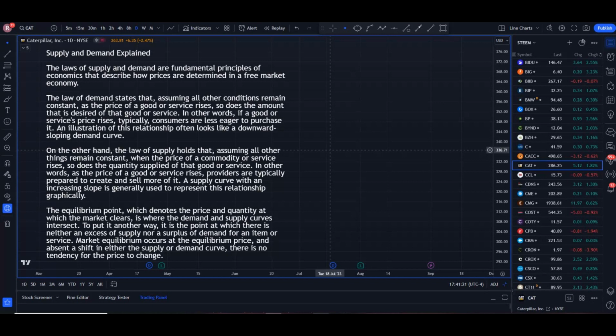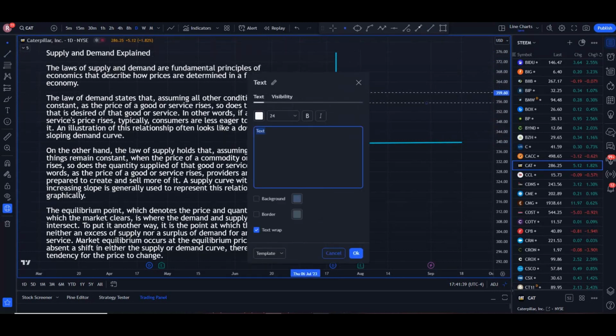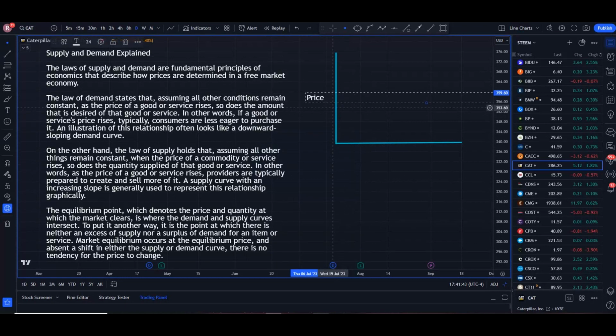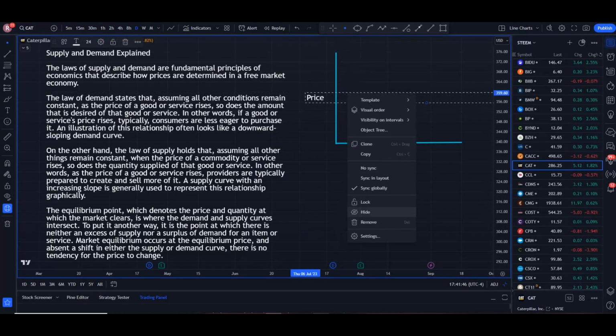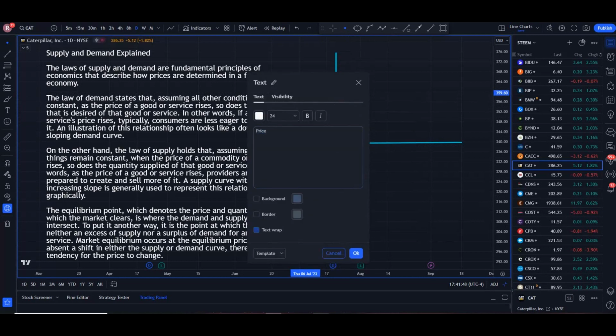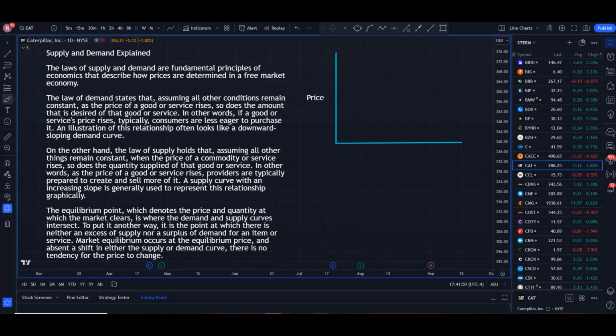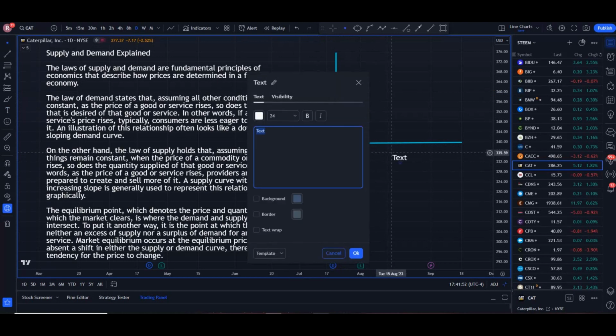All right, so let's start drawing the analysis. This is the supply and demand chart, and this is going to be price and this is going to be quantity.